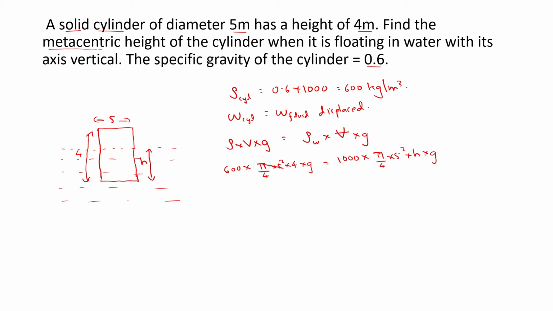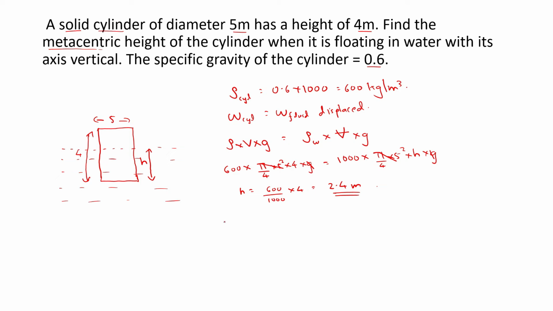So you can cancel it off. So that means h is equal to 600 by 1000 into 4. So it will come out to be 2.4 meter. So h is equal to 2.4 meter.